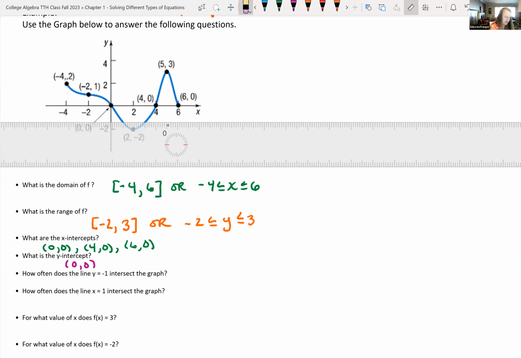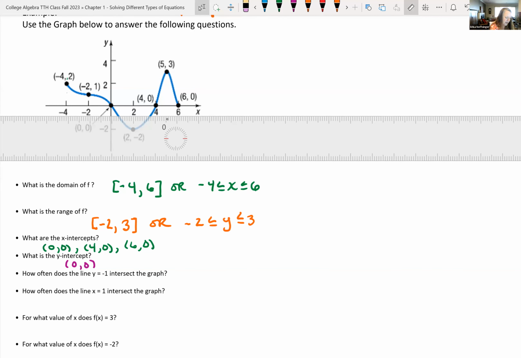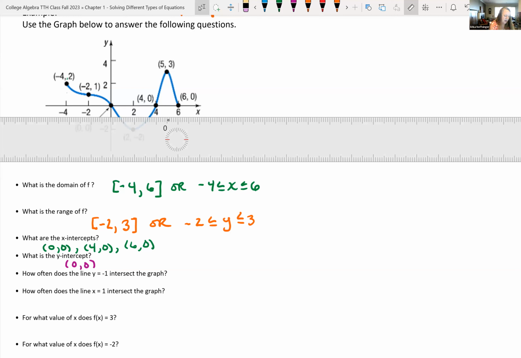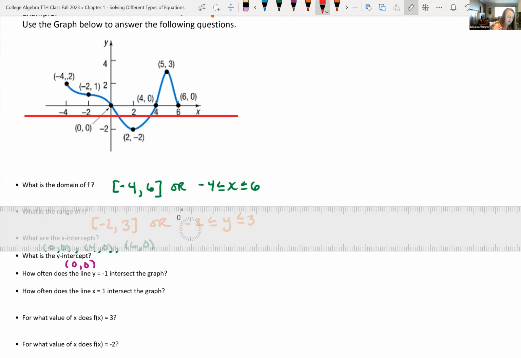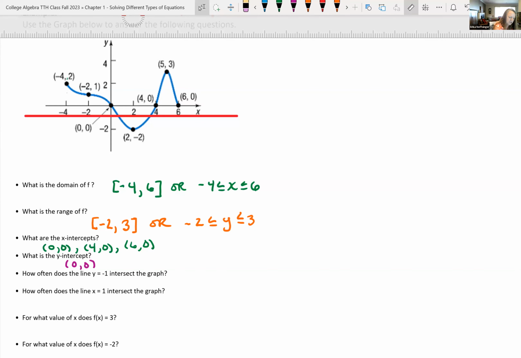If I draw a horizontal line here through -1, I want to look at how many times this horizontal line intersects our graph. Well, if I look at this horizontal line at y equals -1, it intersects our graph here, and it intersects our graph here. So there are two spots where our line y equals -1 intersects the graph.